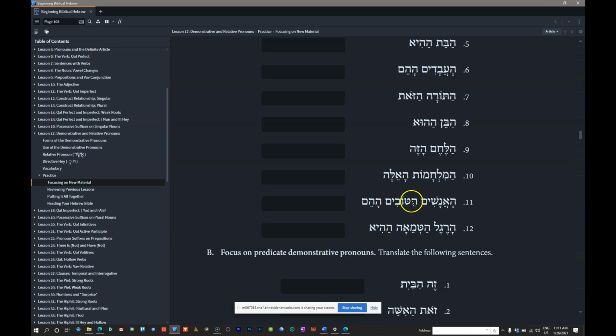Here, ha-anashim is the noun. We've got another adjective here, ha-tovim, but ha-haim is modifying ha-anashim because it comes after its noun and it agrees in definiteness. That means that what we have here is an attributive. So we are going to end up translating number 11 as those good men.